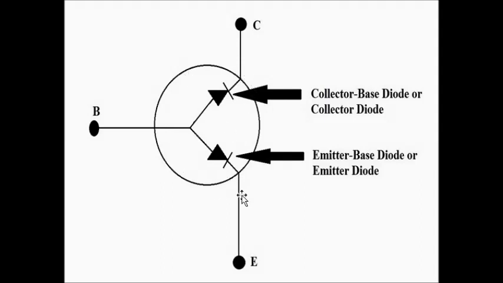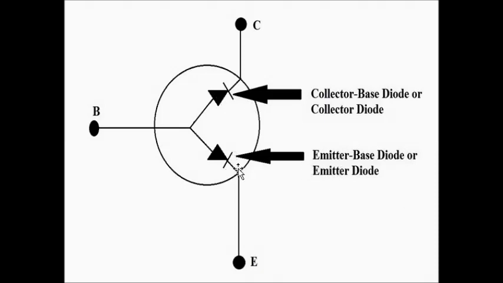Okay, so in a way you can say that the internal structure of a BJT consists of two PN junction diodes, the collector base PN junction diode and the emitter base PN junction diode, connected back to back. The collector base PN junction diode is also called the collector diode, and the emitter base PN junction diode is also called the emitter diode.